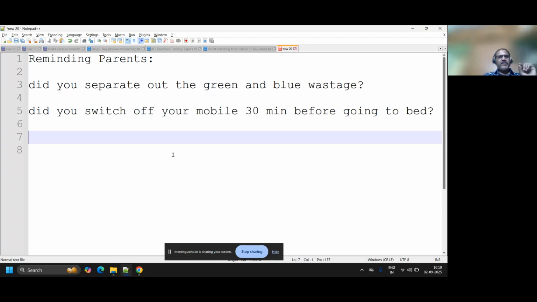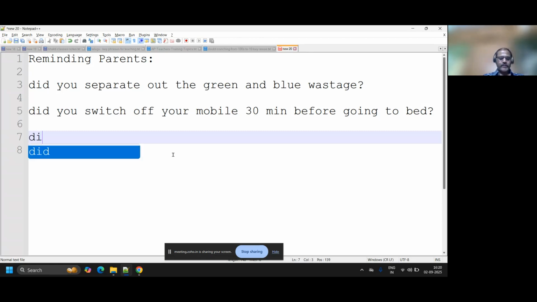Not somebody else, not an alarm from the mobile phone. Your own son or daughter telling you, switch off your mobile. How many times you told them to switch off, or not to see TV? Same way, encourage your kids also to remind you towards good behavior, good practices.